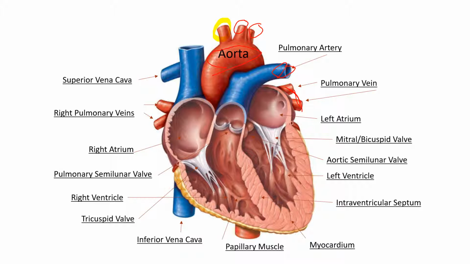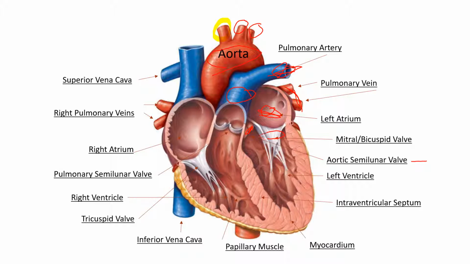We know this is the left pulmonary artery here. Additionally, here's the pulmonary trunk. I didn't label that, but there's the pulmonary trunk. The left atrium of the heart is right in here. Looking right about here, we have the aortic semilunar valve.